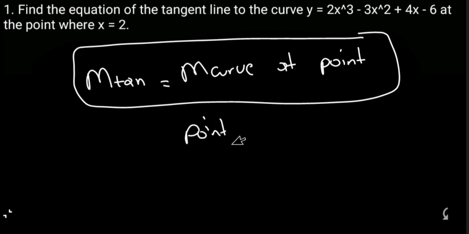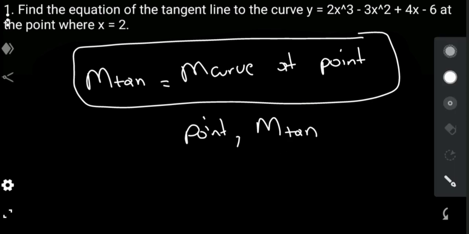It's similar to other straight lines: you need a point and the gradient. You're going to need these two things: a point where the curve and the tangent touch, and also the gradient of the tangent. These are the things that we need to determine the equation of the tangent.